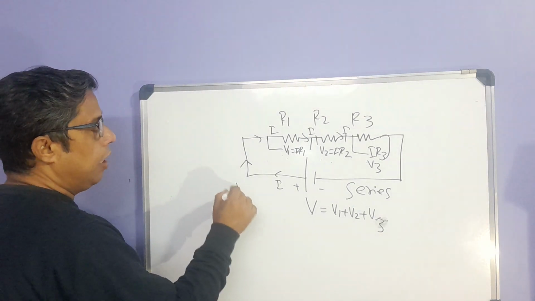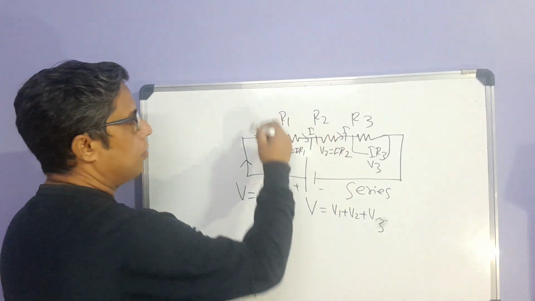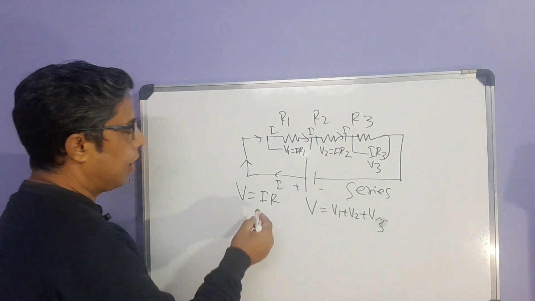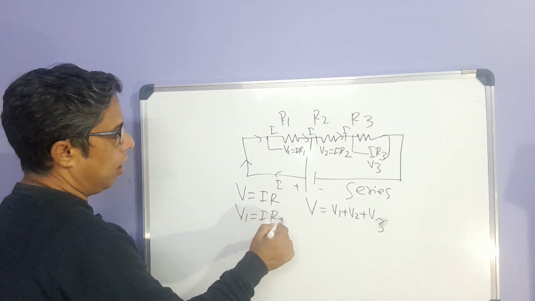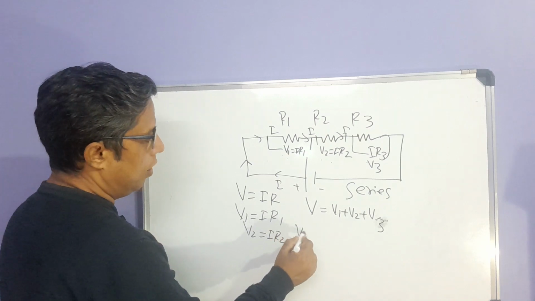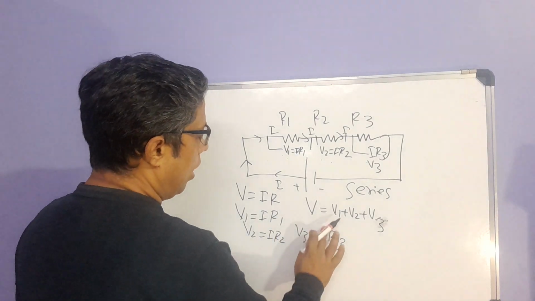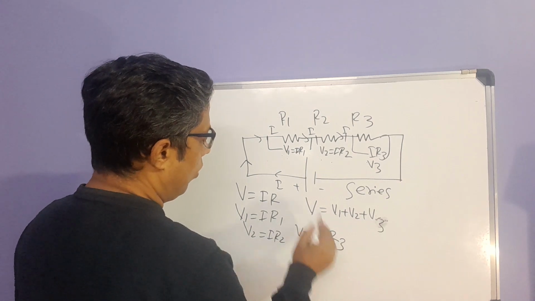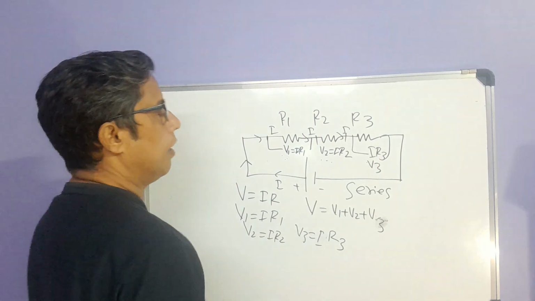Now V is equal to IR, where R is the total resistance of the circuit, the equivalent resistance. Current is fixed. Now V1 is equal to IR1, V2 is equal to IR2, and V3 is equal to IR3. That means we are getting the voltage component for each of the different resistances.